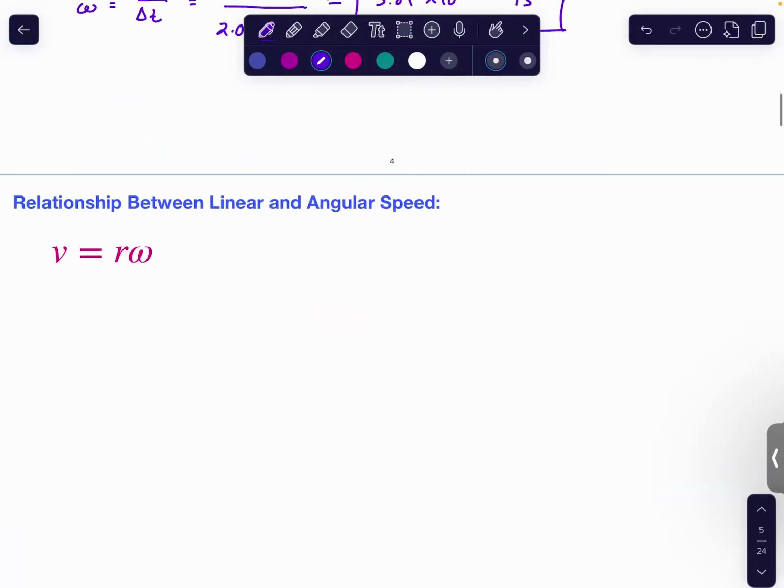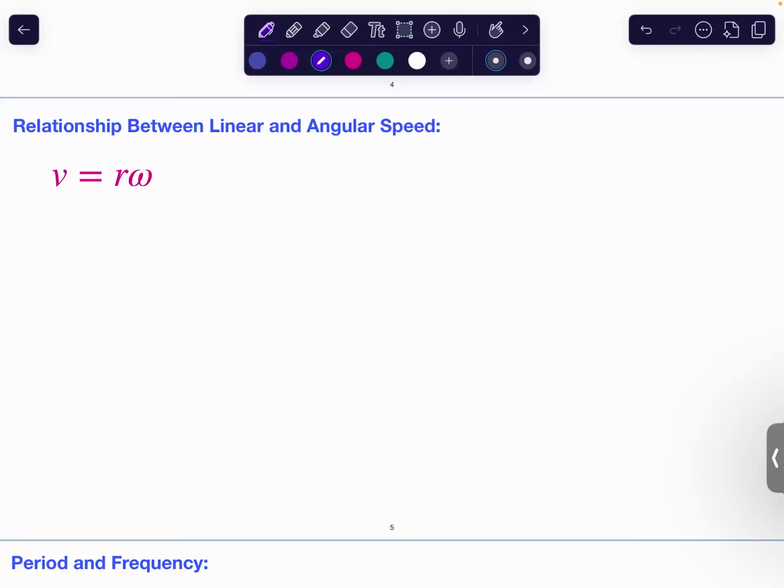But there is a relationship between linear and angular speed. So omega is your angular speed, v is your linear speed. As long as it's covering the full distance of travel, it's your linear speed.